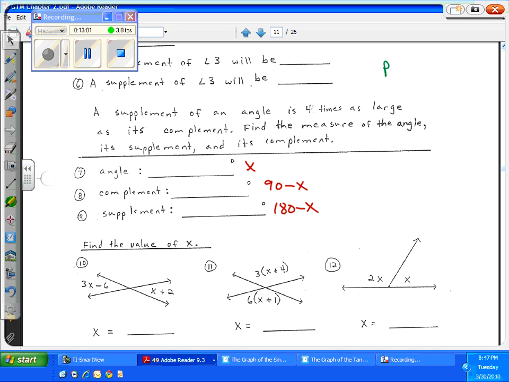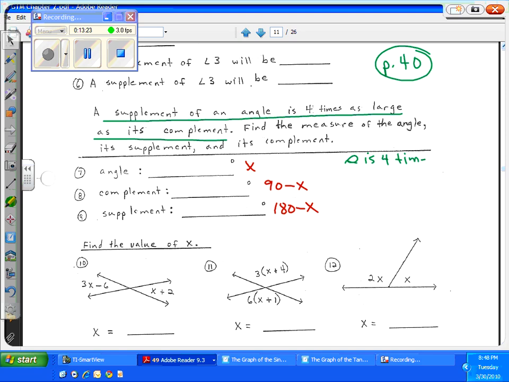Now, page 40 of my Algebra 1 textbook is how we begin to do word problems. And we said we would look for a comparison between two characters. That's page 40, step 3A. It says the supplement is 4 times the complement.